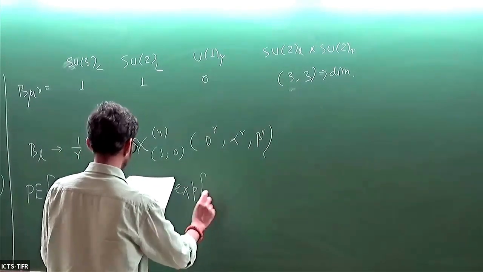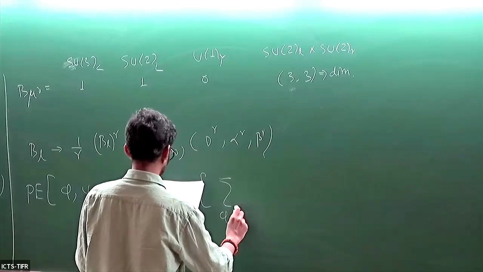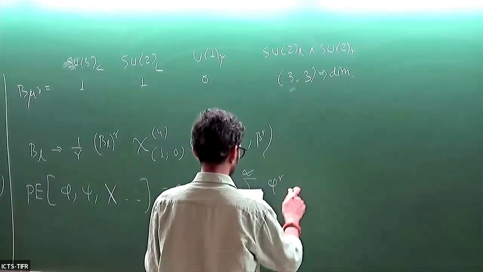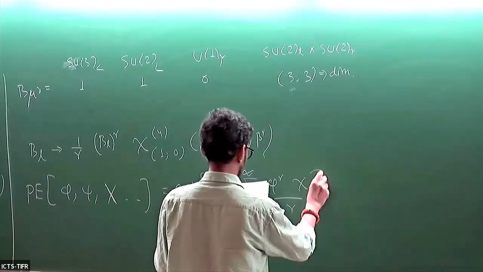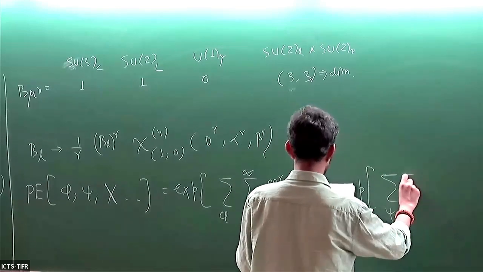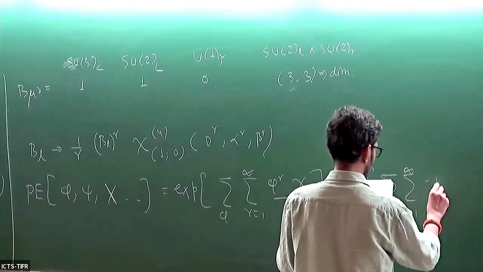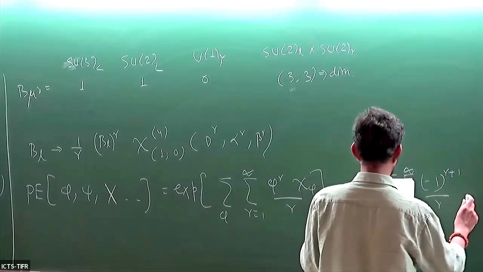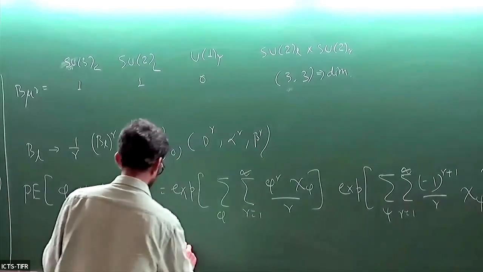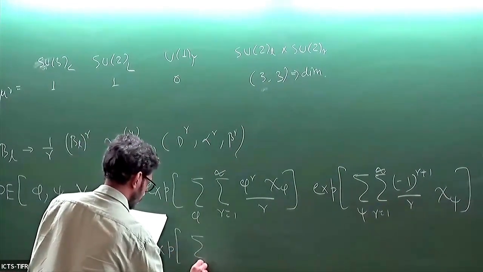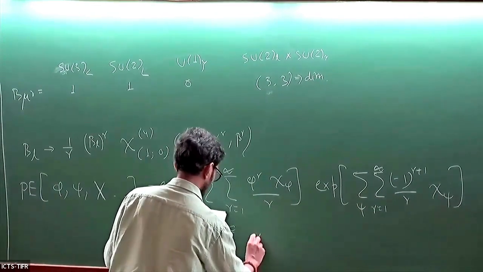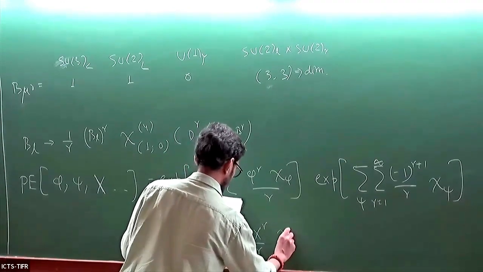This is basically the exponential of the sum over r from 1 to infinity of phi to the power r by r chi phi, times the exponential of the sum over r from 1 to infinity of minus 1 to the power r plus 1 by r psi chi psi, and then we have an exponential of the sum over r from 1 to infinity of x to the power r by r chi x.